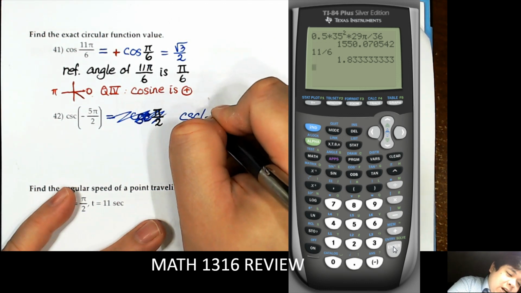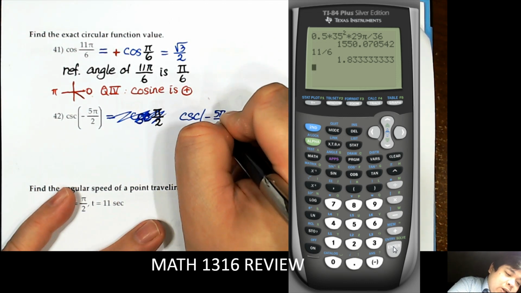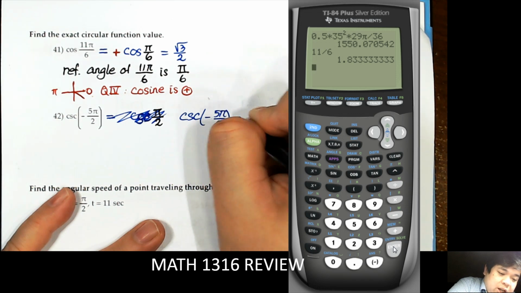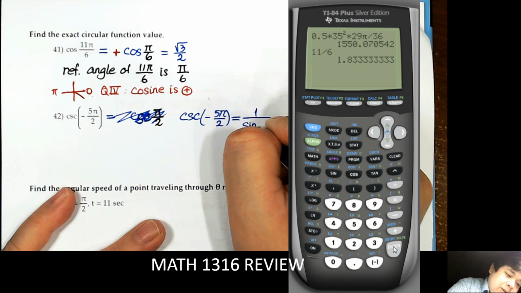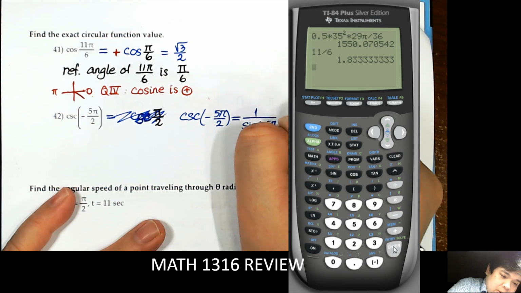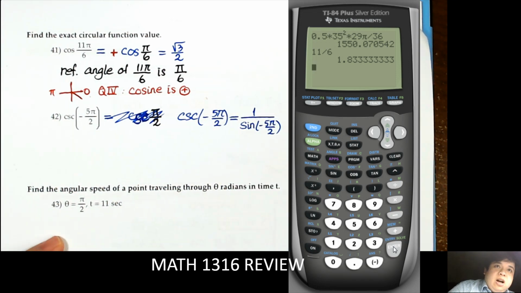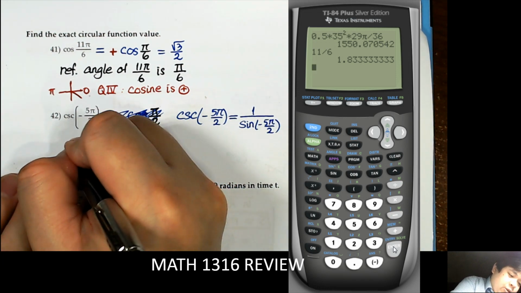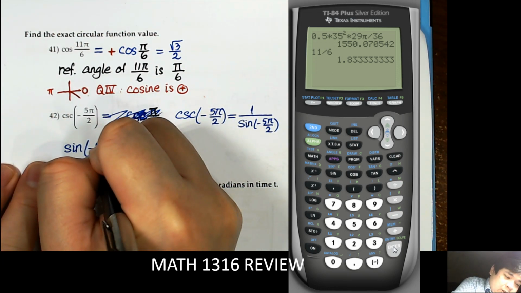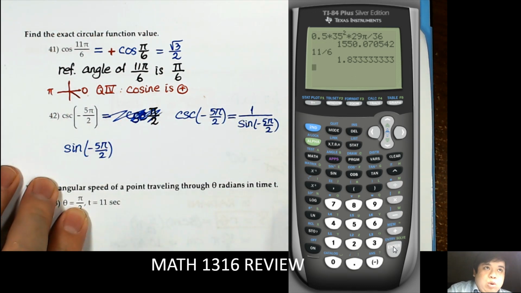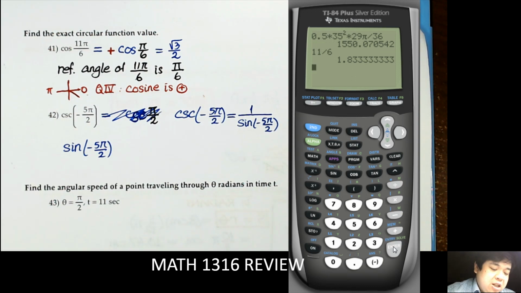Cosecant of negative 5 pi over 2. Cosecant is 1 over sine. So we're going to find sine of negative 5 pi over 2. We should start with that first because this is cosecant.